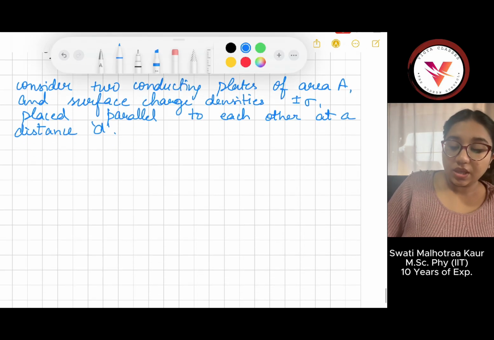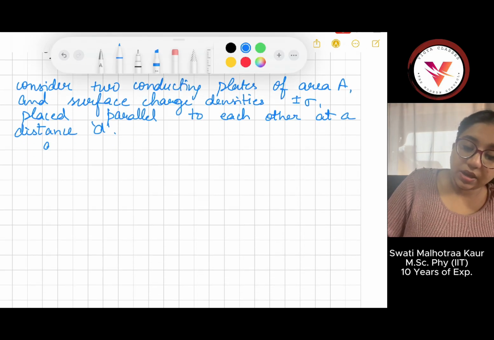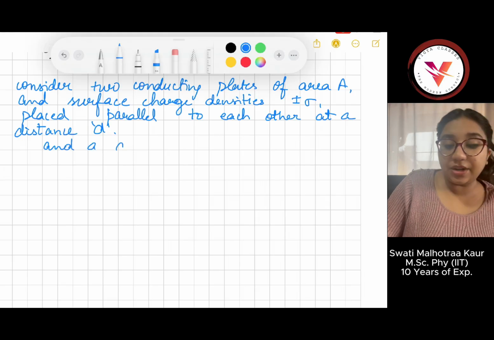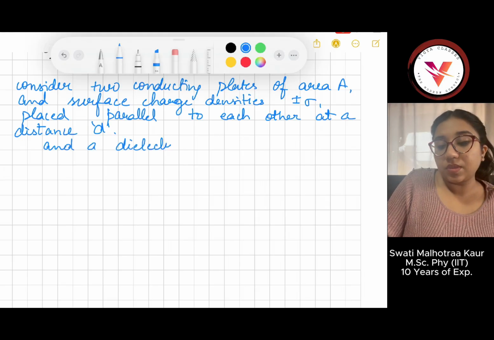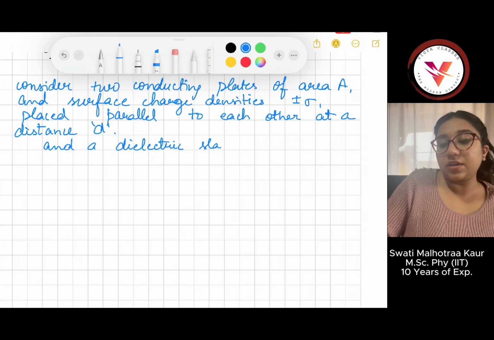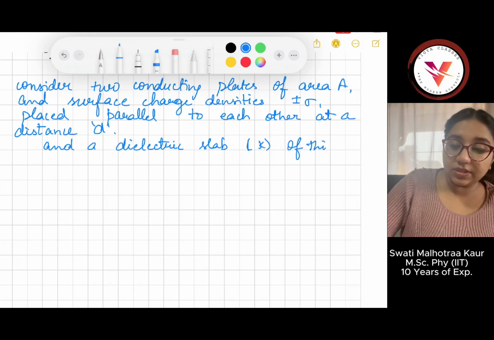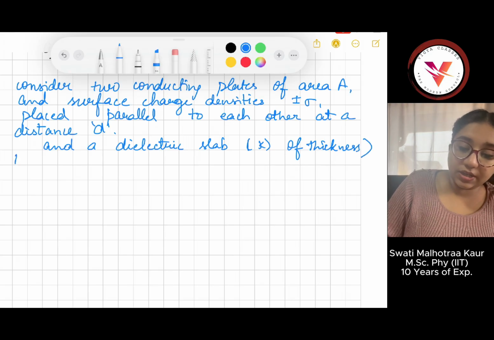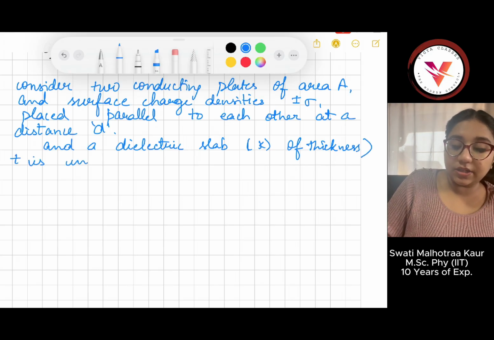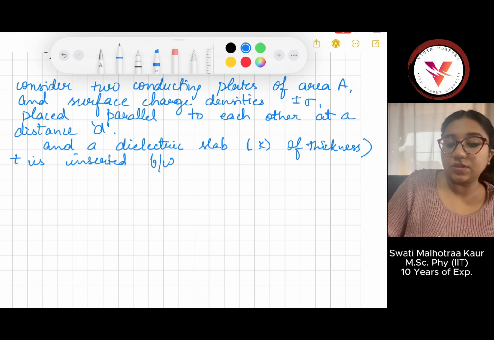Okay, and a dielectric slab of dielectric constant kappa and thickness t is inserted between the two plates.